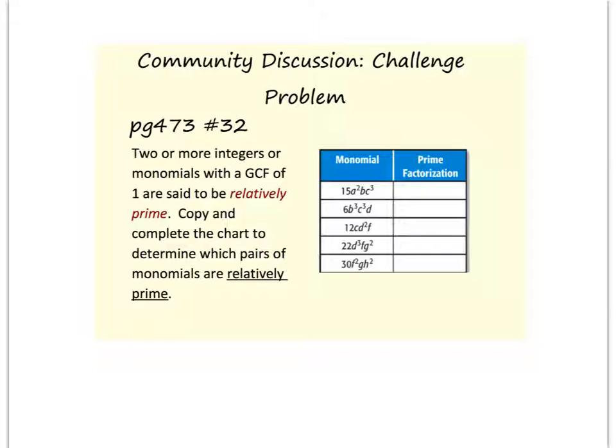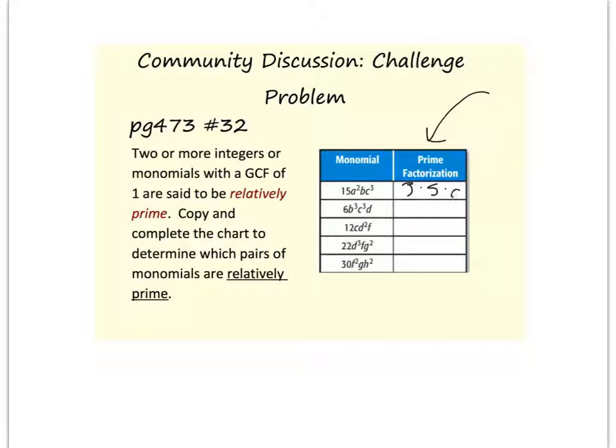Do you know where to start? Yeah, it would probably be a good idea to find the prime factorization of each monomial. So we need to break down 15a squared bc cubed. And so 15 breaks down into 3 times 5.